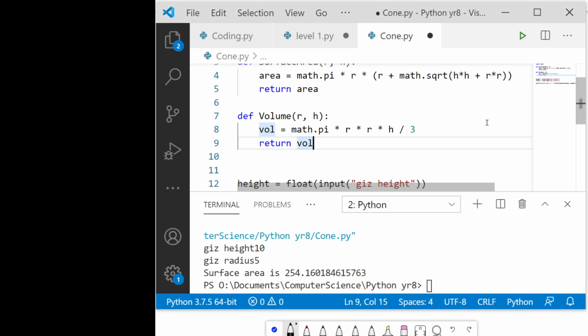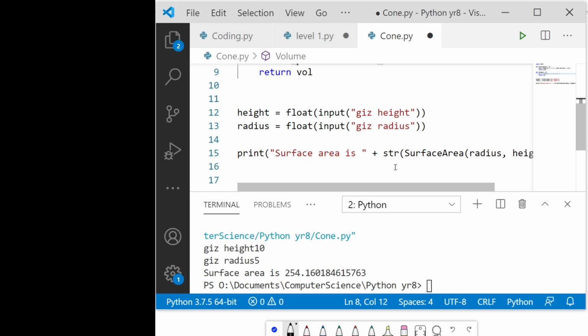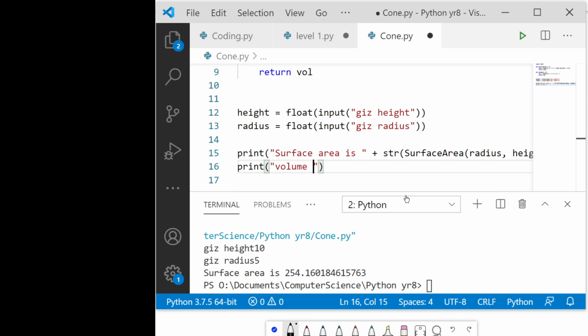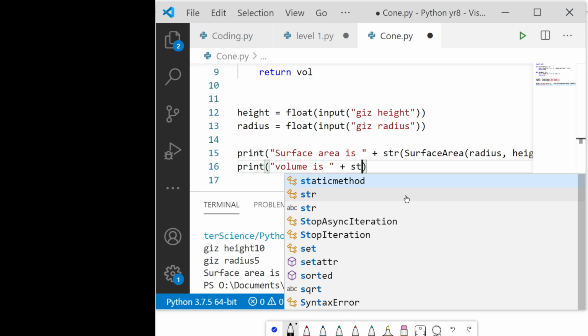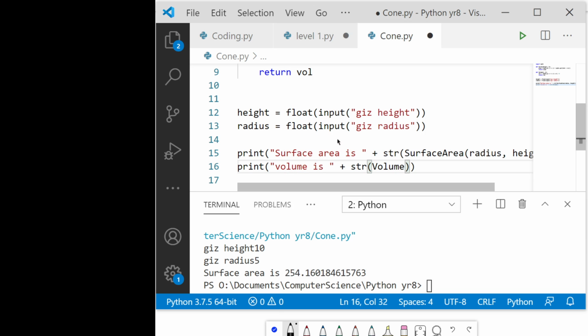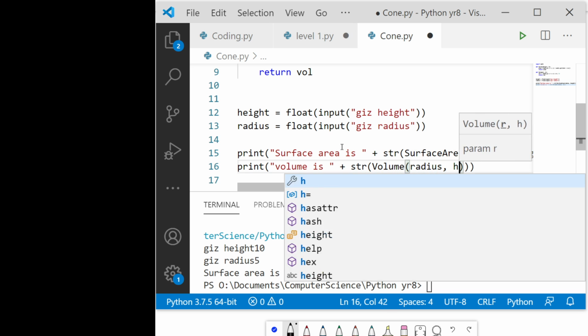Right, now, do we need brackets? What, to make sure that this bit happens first? Well, we can try it, see if it makes a difference. So let me do my output for it. So print, "volume is", then use concatenation again, string, so it's volume, radius and height.